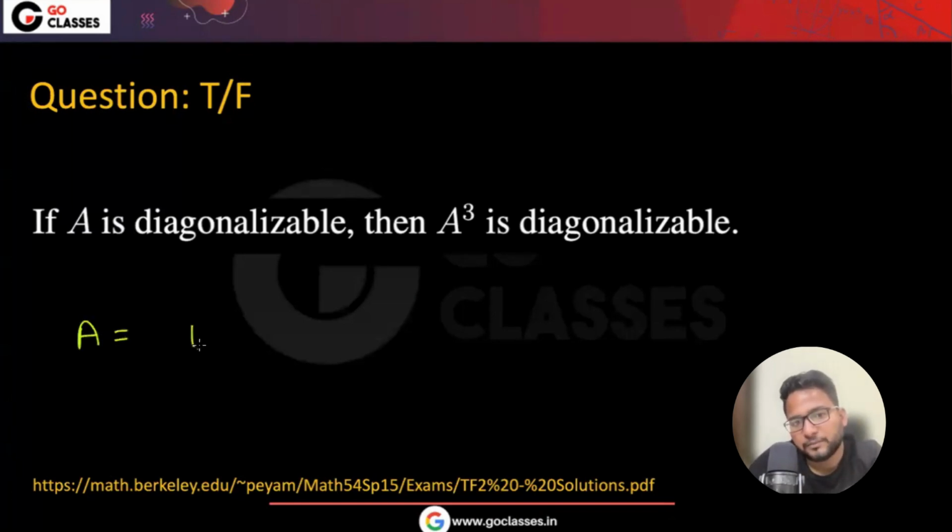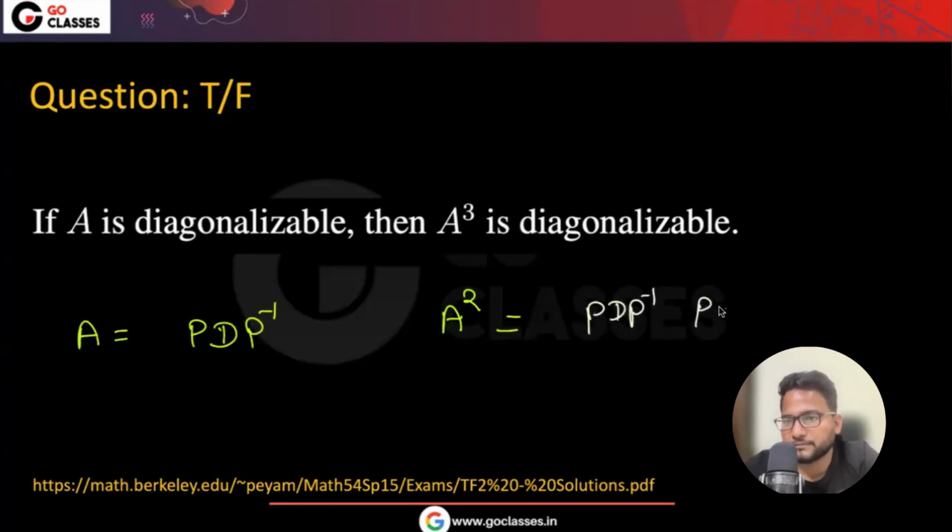See, A is P D P inverse. Diagonalizable means some diagonal matrix D and P inverse. Can you calculate A square? It will be, interestingly, P D P inverse into P D P inverse. P into P inverse will be just the identity matrix. So it is P D square P inverse, right?